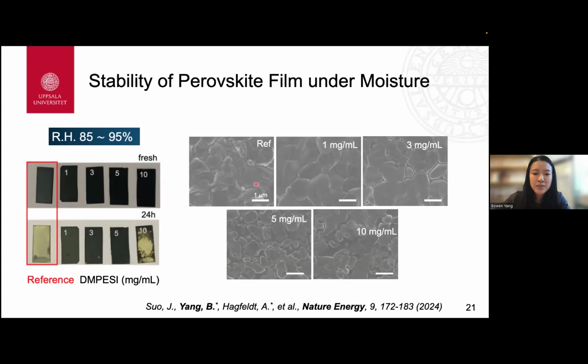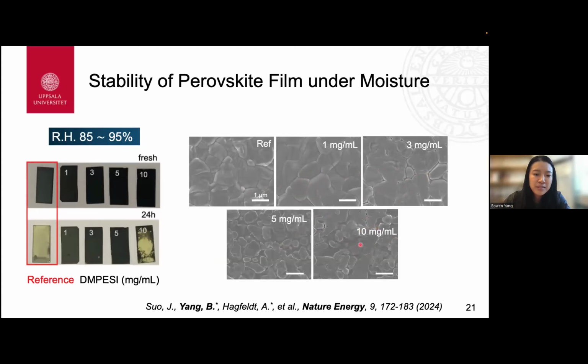From these images, we can observe that a dense and pinhole-free polycrystalline perovskite film with micrometer-sized grains becomes more uniform after surface treatment with 1 milligram per milliliter of this DMPSI. And as the concentration increases to 3 and 5 milligrams per milliliter, a uniform and smooth surface is still observed. However, a new species seems to occur. We'll figure this out a bit later.